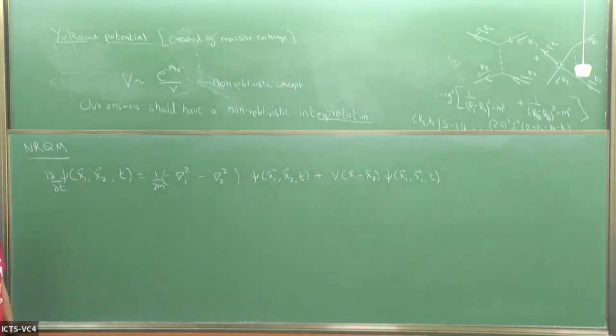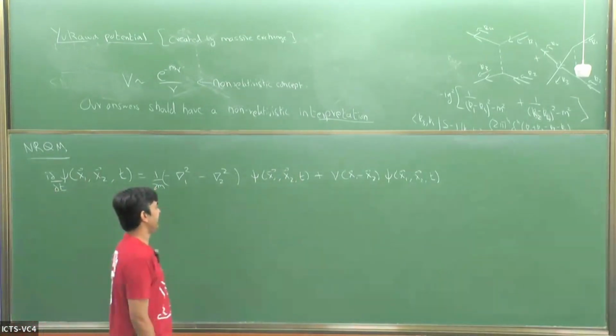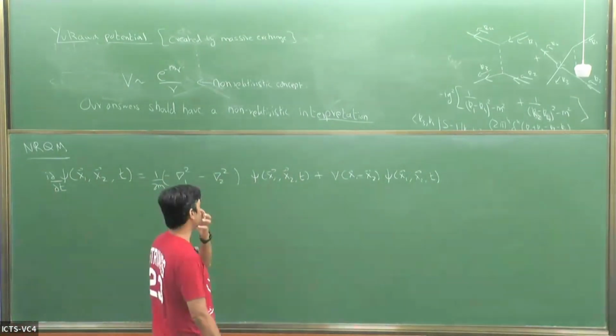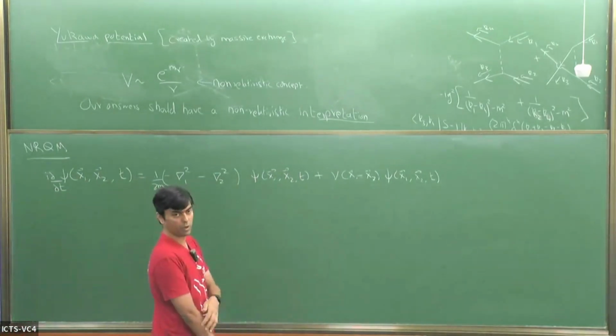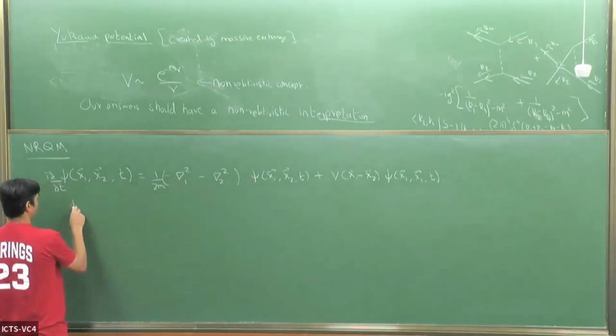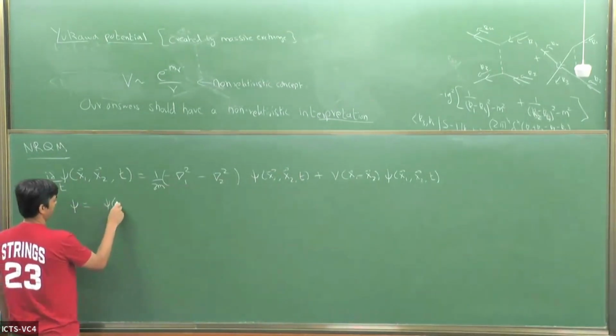Okay. So now, there are two degrees of freedom here, which are x1, x2. But you see that the potential only depends on one particular combination. So in fact, you can write this wave function as some wave function of the center of mass times a wave function of the relative coordinate.